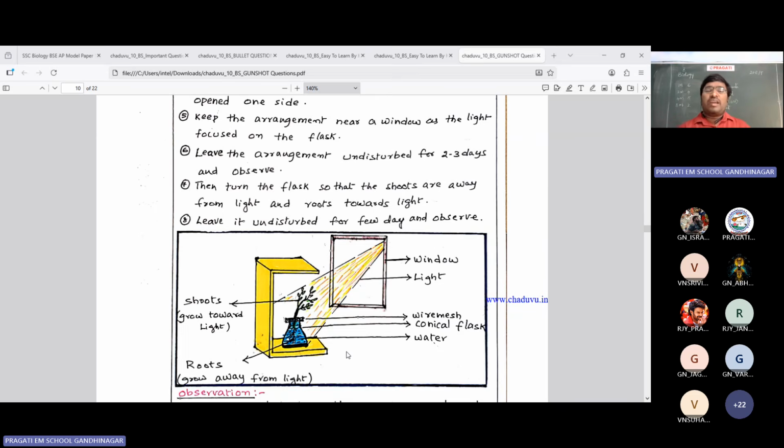Then turn the flask so that the shoots are away from the light and the roots towards the light. Based on the shoot and root development, what do we observe after the growth?